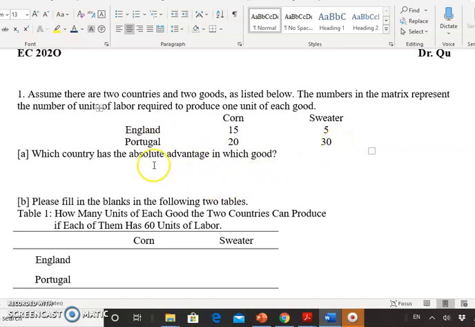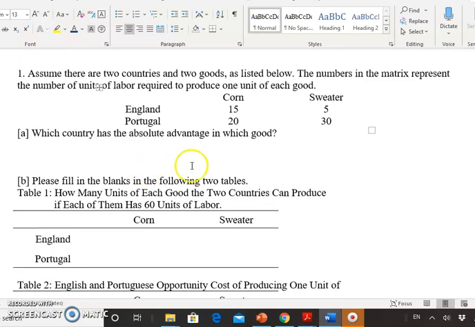So here, part A, which country has the absolute advantage in which good? Based upon our definition, absolute advantage means you can produce a certain unit of goods or service with fewer units of input or resources, right?